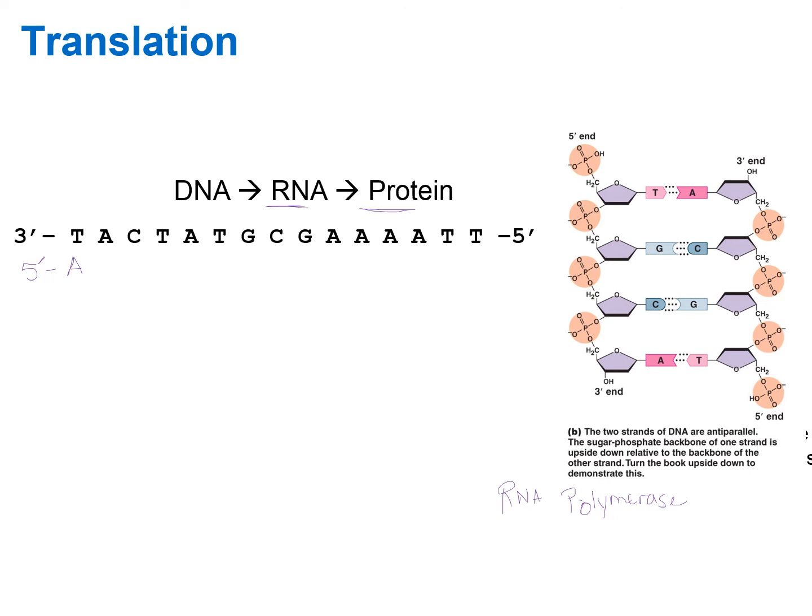Wherever you see an A, we're going to add what nucleotide? Uracil. Remember, there's no thymine in RNA. You have uracil instead. So wherever we see an A, we're going to put a U opposite. Where we see a C, we're going to put in a G. Wherever we see a T, again, that's going to be an A. Where there's an A, we'll put in a U because this is RNA, not DNA.